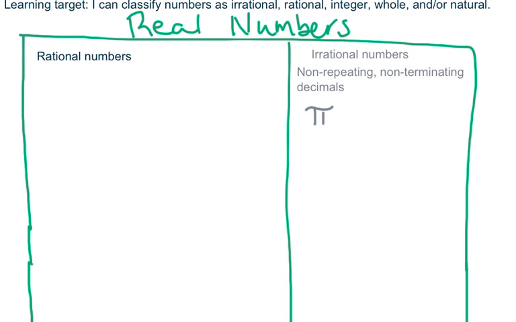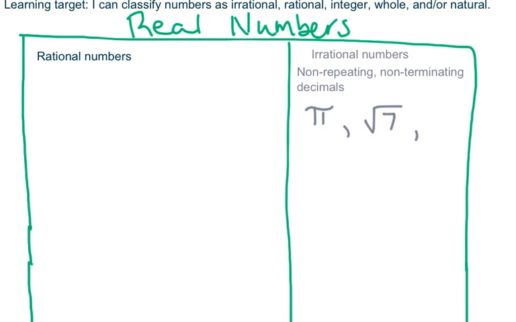We also have other ones that you're not as familiar with, but we will get familiar with them. Another example is the square root of 7. We could also see irrational numbers written as decimals.